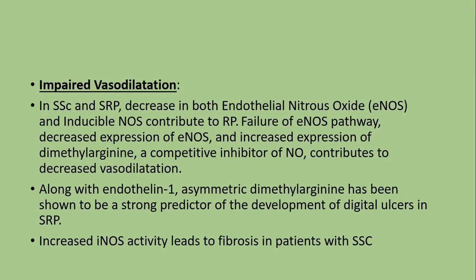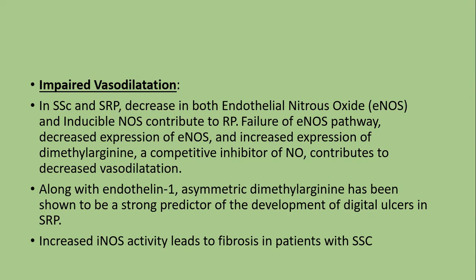Impaired vasodilatation. In systemic sclerosis and secondary Raynaud's phenomenon, there is a decrease in both endothelial nitric oxide and inducible nitric oxide. Nitric oxide is one of the potent vasodilators.